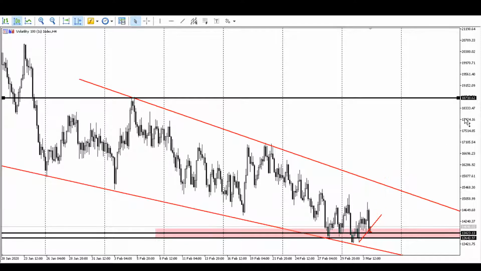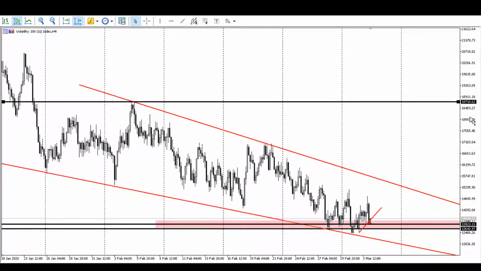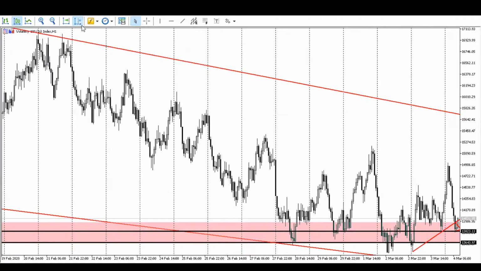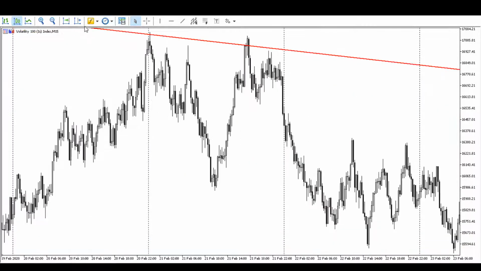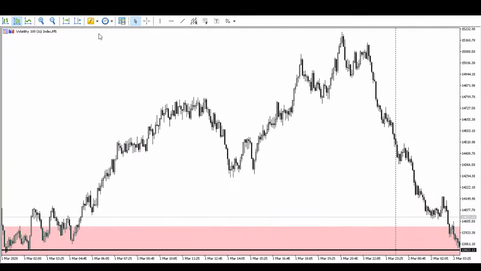So after identifying this information from the high time frame, what the market wants to do, we are going to a lower time frame to find the entry. You can find the entry at any time frame, H1 or below H1. So here I will go to 5 minutes.